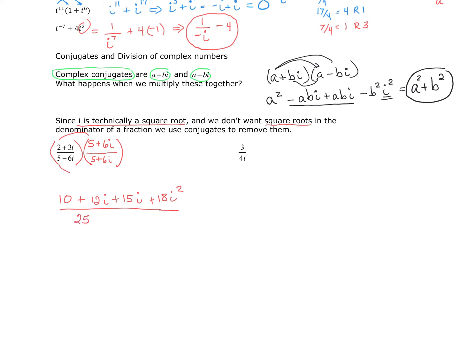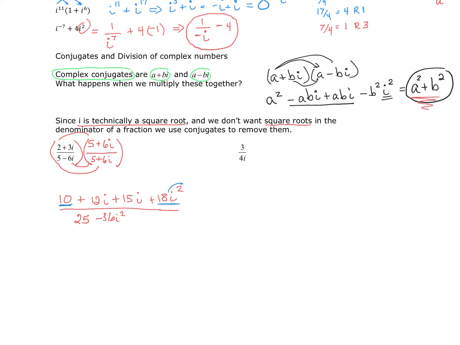I know that my outsides and my insides are going to add to 0. That always happens with a conjugate, so I'm not going to worry about that. And minus 36i squared. So simplifying, this is 10.